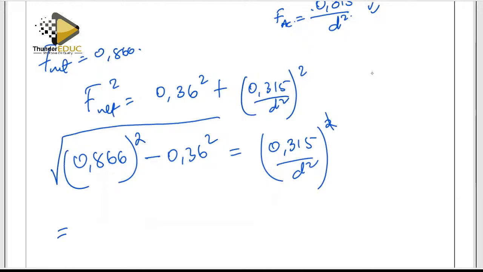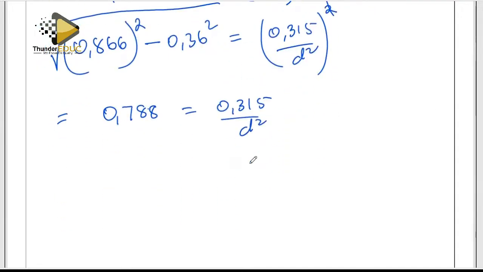It's going to be 0.866 squared. You're subtracting 0.36 squared. I'm ending up with 0.788, which is equivalent to 0.315 over d squared. So let me transpose and switch, meaning that our d squared is going to be 0.315 over 0.788.